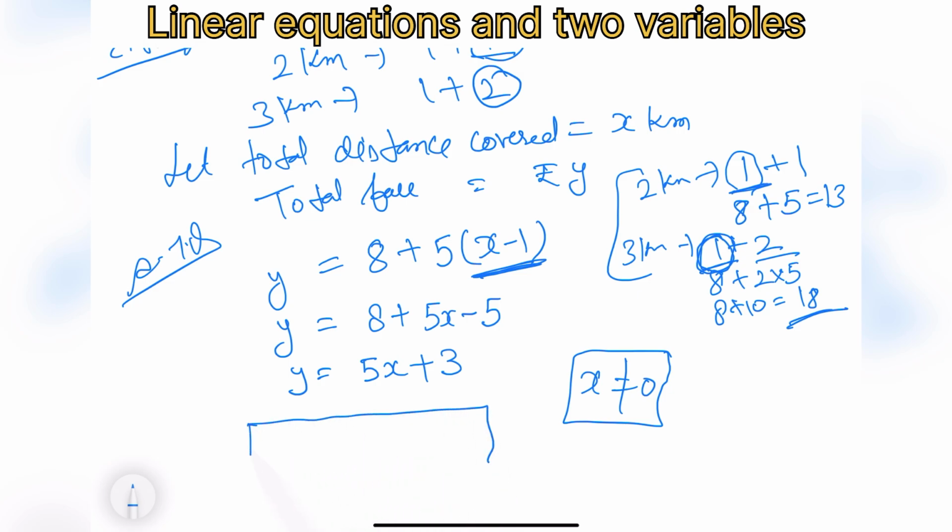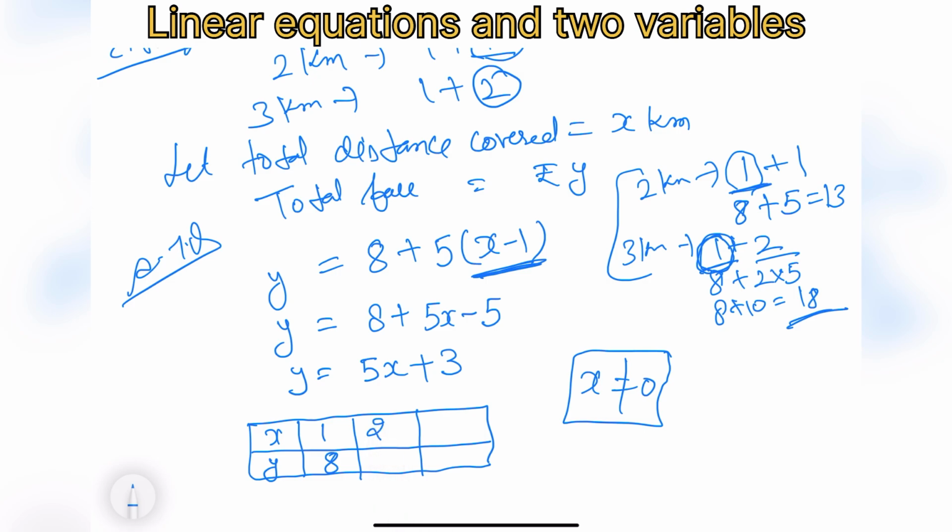So now we make a table so that we can plot the graph. We have to take at least 3 values. So this is x, this is y. When we took 1, that means distance covered is 1, so the value of y becomes 8. That means if we cover a 1 kilometer distance, we have to pay rupees 8.